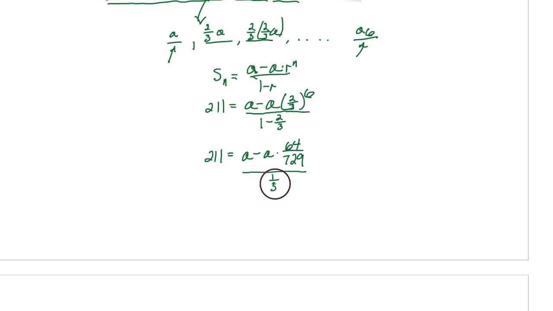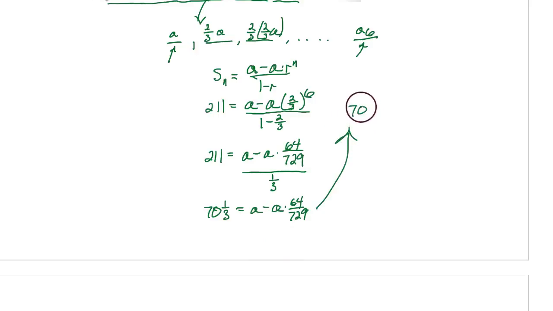Now we can multiply both sides by 1/3 to remove that denominator. That makes 70 and 1/3. Next, because the letter a appears in both of these terms, we can factor it. So we have 70 and 1/3 is equal to a times 1 minus 64 over 729.